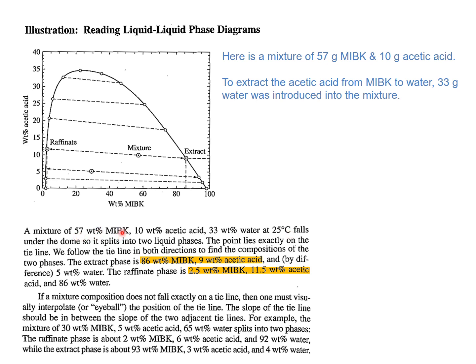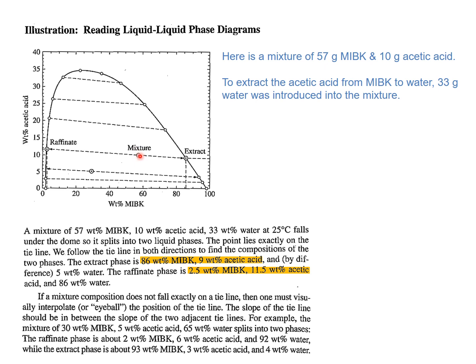57 weight% MIBK is around there, and 10% acetic acid. So we have the mixture at this point. This phase diagram is obtained at 25 Celsius degree. At different temperatures, we should redraw these liquid-liquid phase diagrams. Okay, so right now we have a point in the two-phase region.